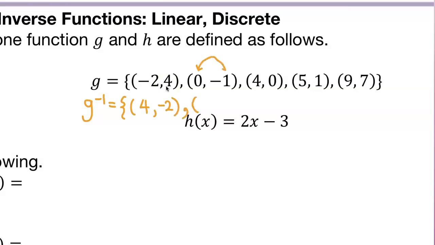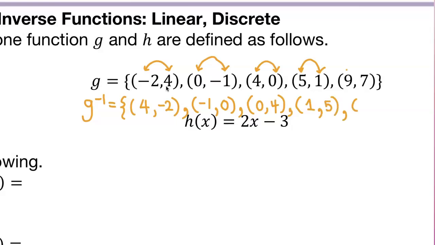Switch 0 and -1, you get -1, 0. Switch 4 and 0, you get 0, 4. And that's what I'm doing to write the inverse ordered pairs. Switch 5 and 1, you get 1, 5. And the last one, switch 9 and 7, you get 7, 9.